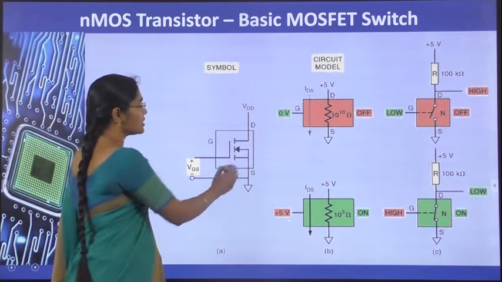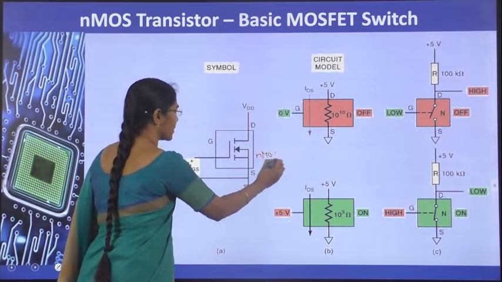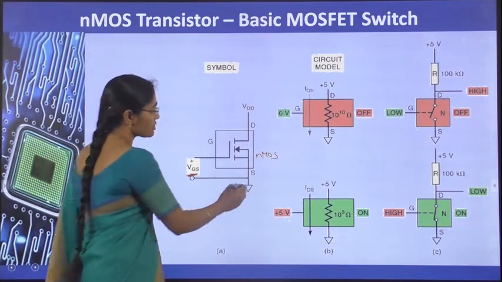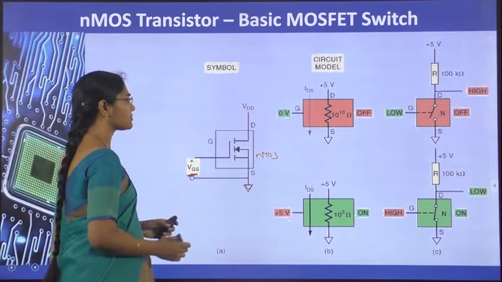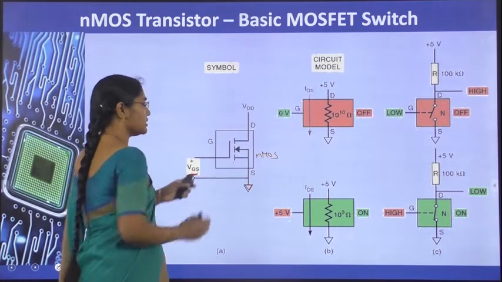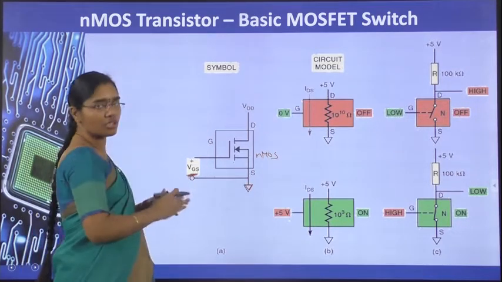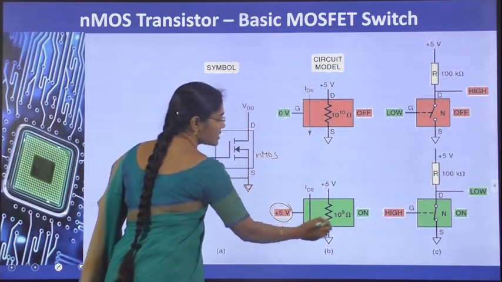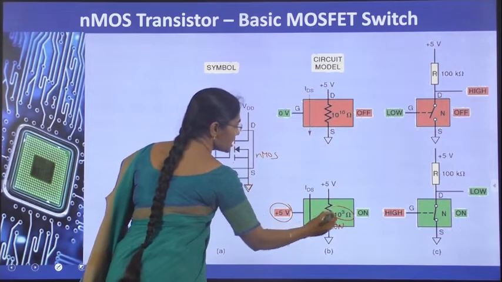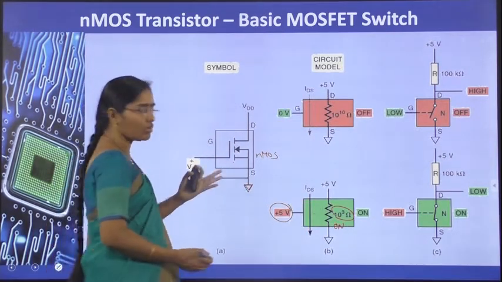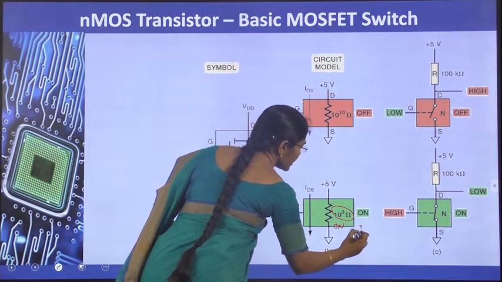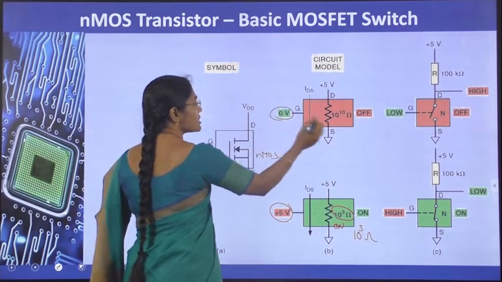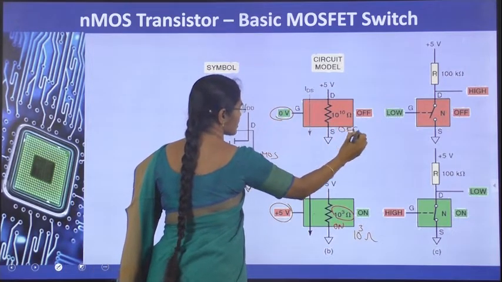Let's see that. This is the NMOS transistor, this is the VGS potential, that is the gate-to-source potential, and the source is connected to the low potential. Now it is on when VGS is at the logic high value. For logic high VGS, this transistor is on. On represents low resistance, here for example 1 kilo ohm. When the input is logic low, the NMOS transistor is off.